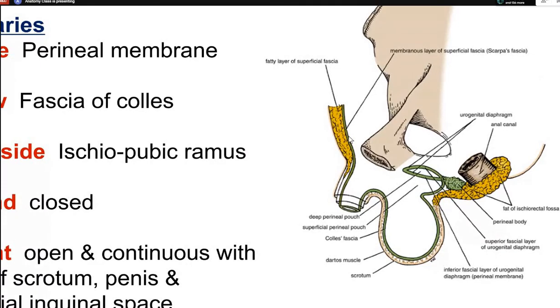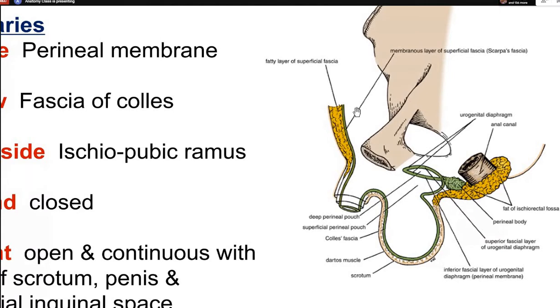I'll repeat this once again. If the urethra is ruptured in the superficial perineal pouch, the urine will collect in the superficial perineal pouch, and the urine that is collected there will spread into the space of the scrotum, the penis, as well as the superficial inguinal space in the anterior abdominal wall.